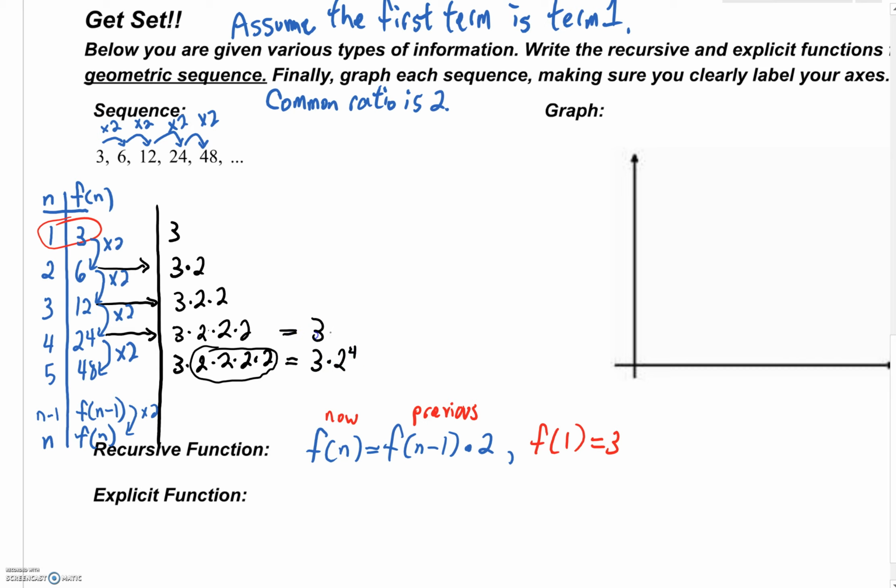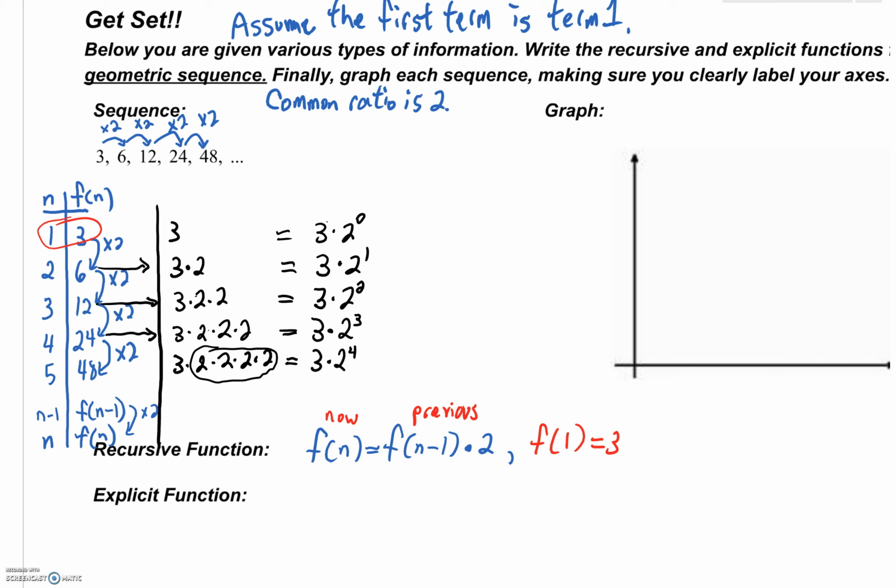Right up above here, this is 3 times 2 to the 3rd. This, with 2 2's, 3 times 2 to the 2nd. This would be 3 times 2 to the 1st. And actually, right now, you could say, well, here there are no 2's. You could even say that there are 0 2's multiplied together. And by the way, you can quickly check on your calculator, too, what 2 to the 0 is.